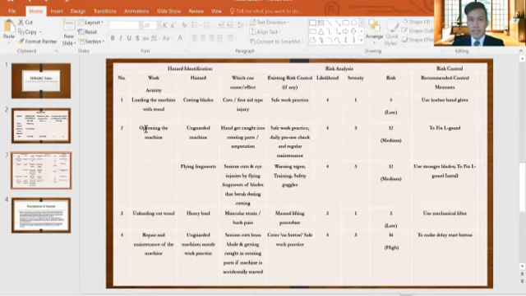In this case, they have implemented a cover on the button as well as a safe work practice. But they also recommended a new control measure, which is to make a delay start button to ensure that this hazard won't cause any injury to other workers.